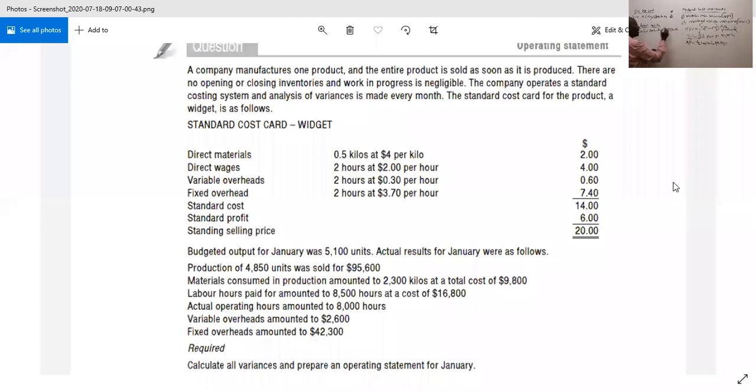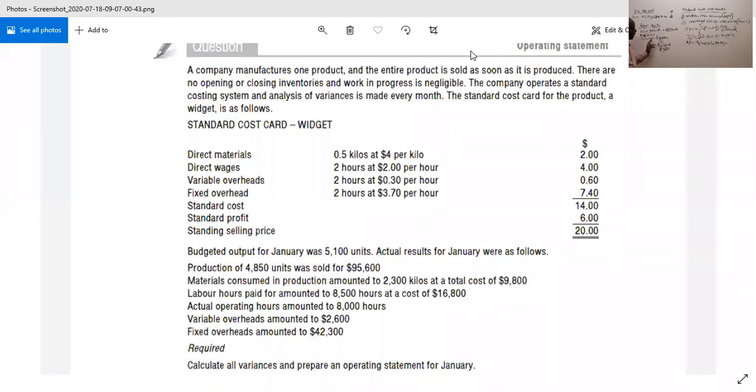And ladies and gentlemen, they have given us the materials consumed, which amounted to 2,300 kilograms at a total cost of $9,800. So I would want to get the actual price of materials per kilogram from the actual results.